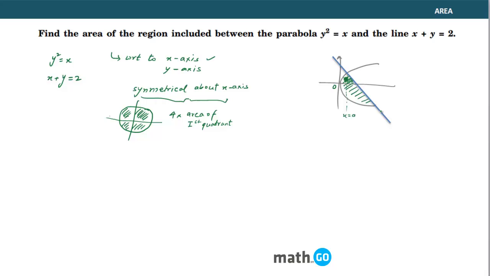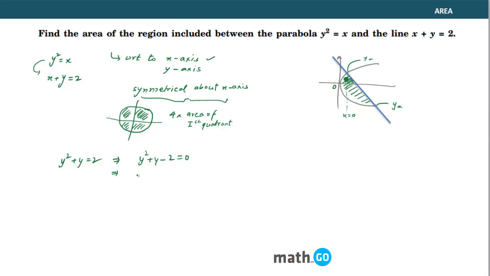The easiest way of doing this is, can we find this y_A and y_B, right? And if we can find this y_A and y_B, this question will really become very easy, and that is not a tough job. So if your target is to find y, let's put the value of x from here in here, right? If I do that, this becomes y square plus y minus 2 equal to 0.